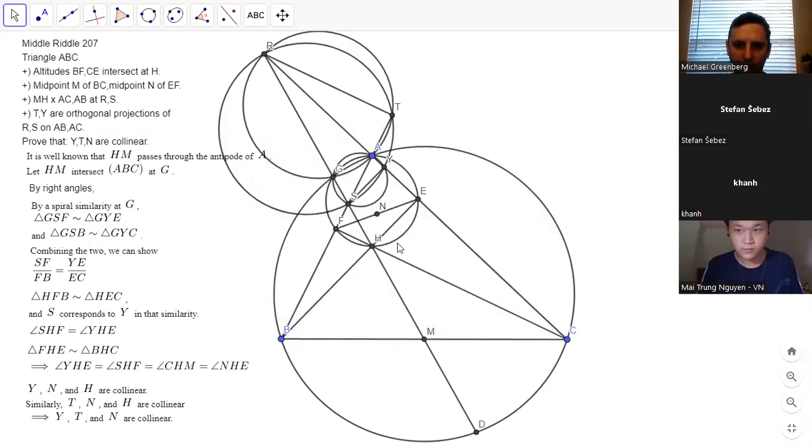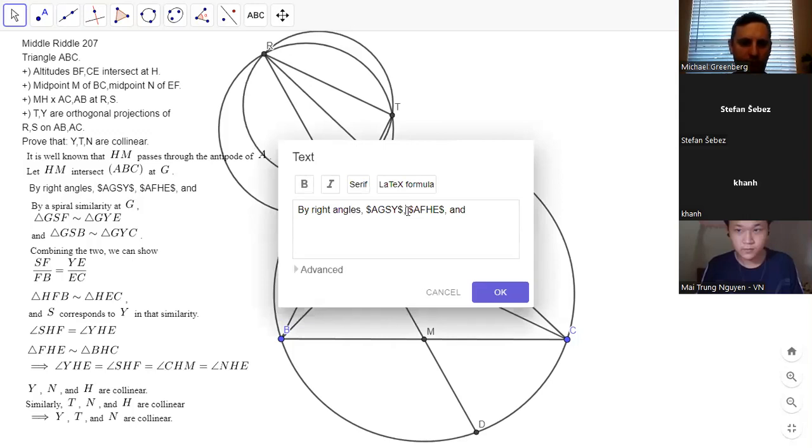Are those the only two we need? Oh yeah, for now, those are the only two. So those are cyclic. All right, I think we are good for now.